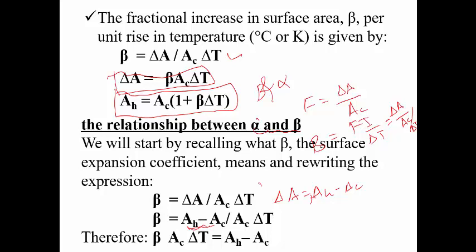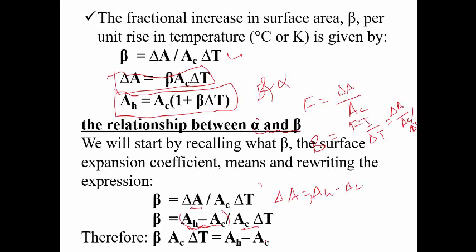Therefore, you substitute AH minus AC in place of change in A, divided by AC times change in T, and cross-multiplying, beta AC change in T is equal to AH minus AC.